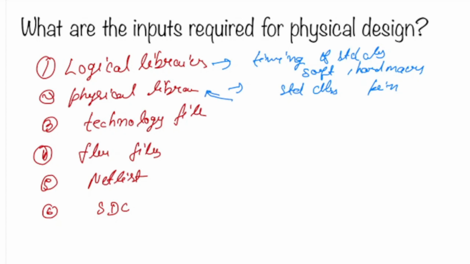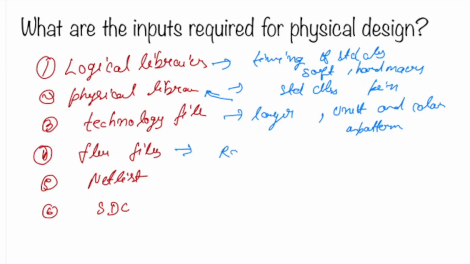In the technology file, we have the name, number, and convention of layers and vias, unit and precision, color and pattern, and the interconnect file, RC parasitics of metal per unit.